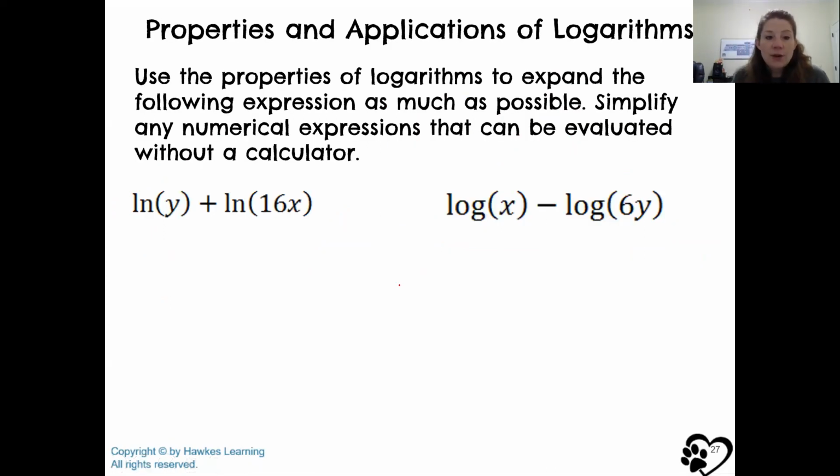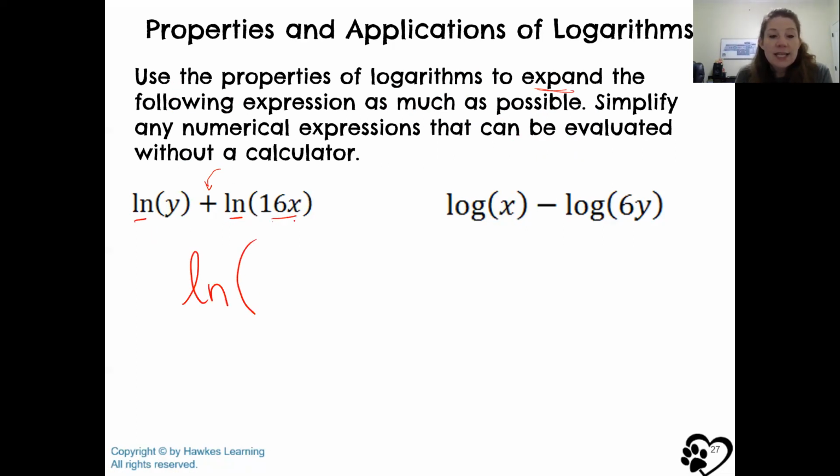All right, now this one, we're going to expand this logarithm, which means when we see addition, we're going to use multiplication. When we see subtraction, we're going to use division, okay? So as long as your logs match or your LNs match, and they do, so we're going to do the LN of what?